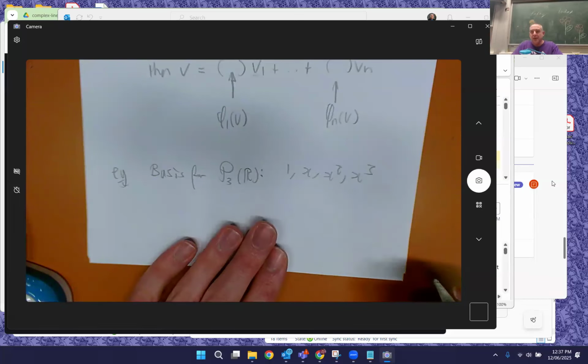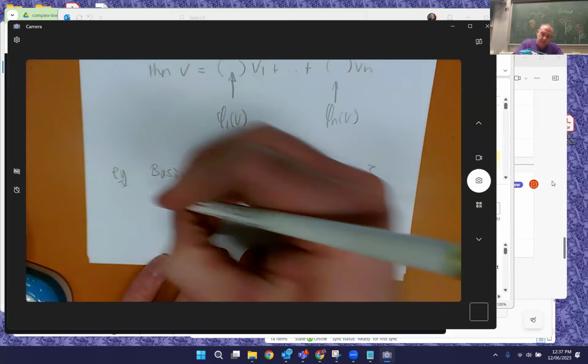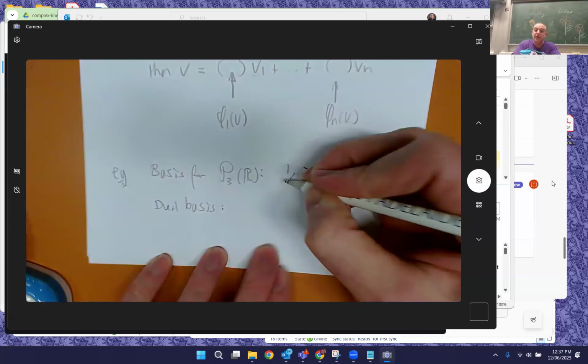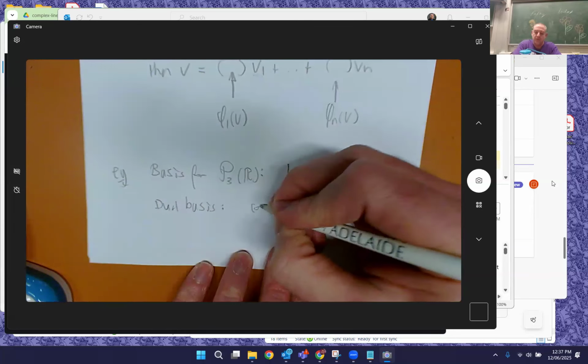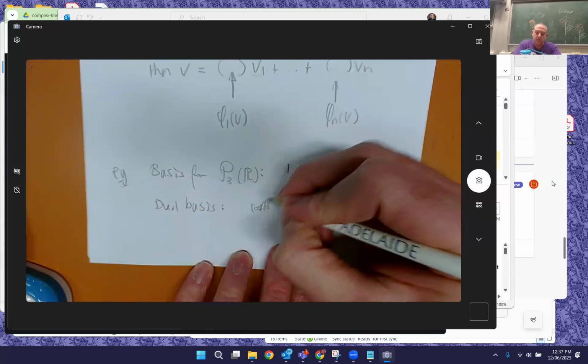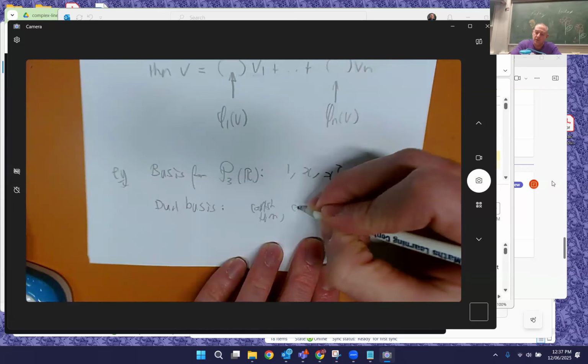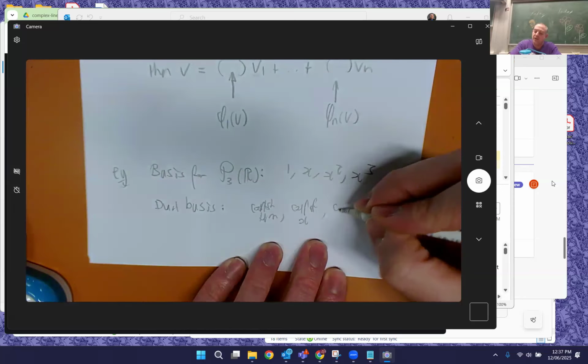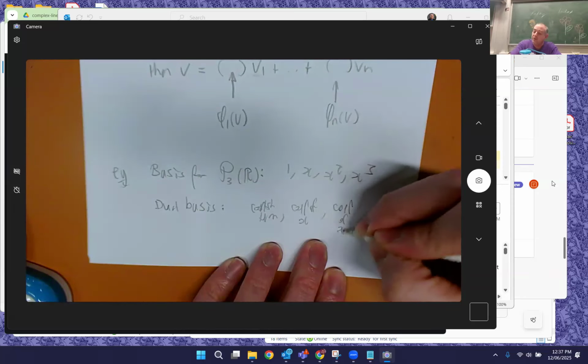Then its dual basis is: the matching vector one here is the constant term. And this one is the coefficient of x. This one is the action of finding the coefficient of x squared.